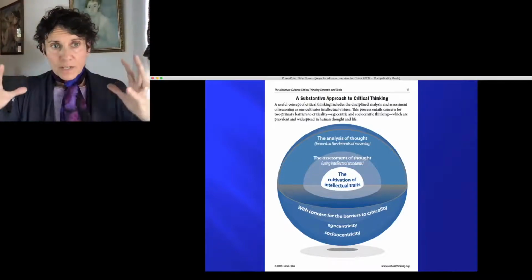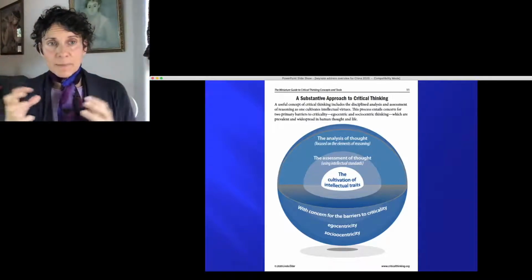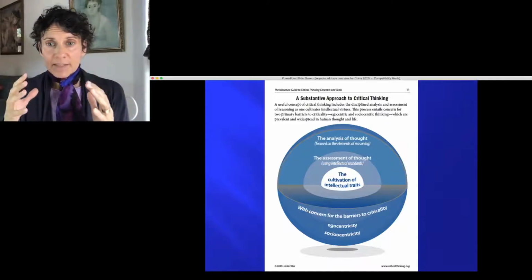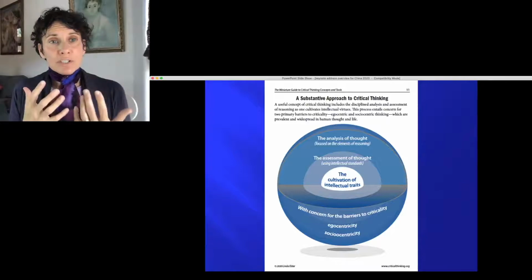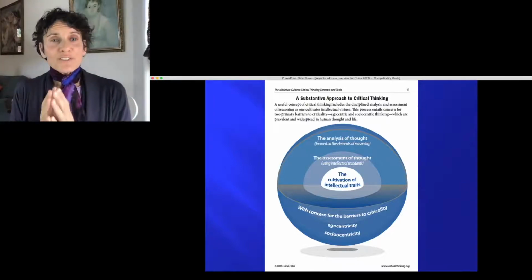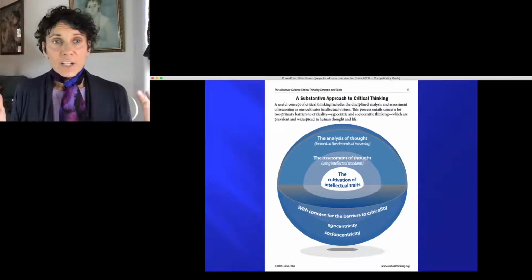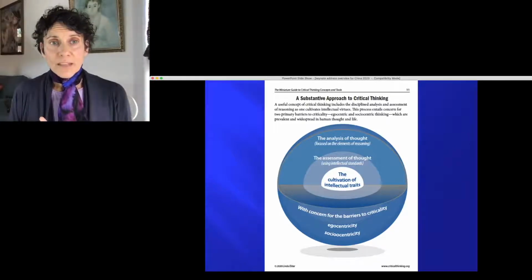And of course, there are many other concepts that emanate out from these. But to give you a sense of the overview, I've just focused on the center of this, the cultivation of intellectual traits, virtues, dispositions, or, in other words, intellectual character.